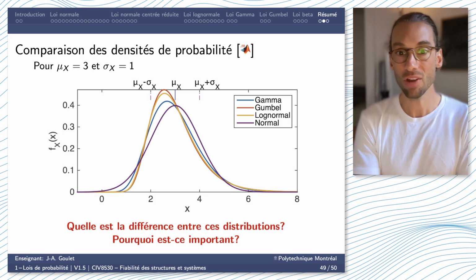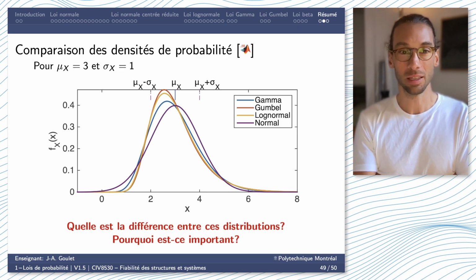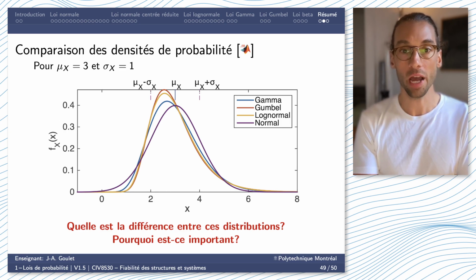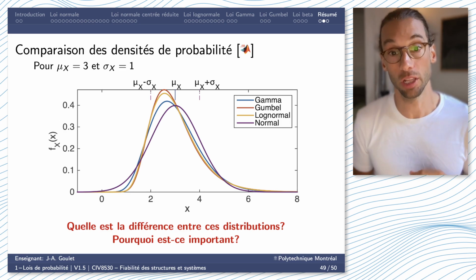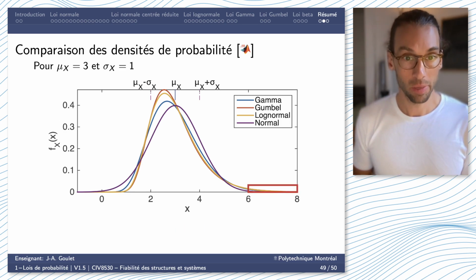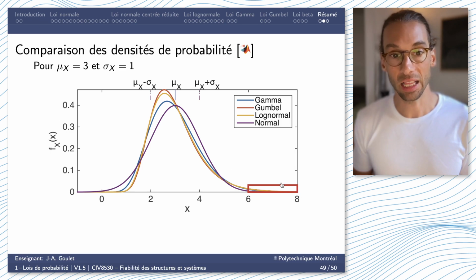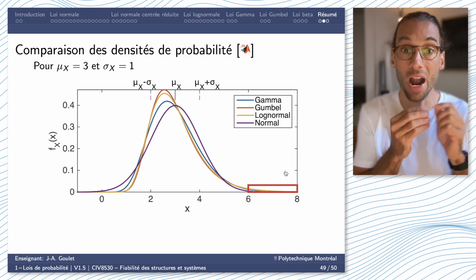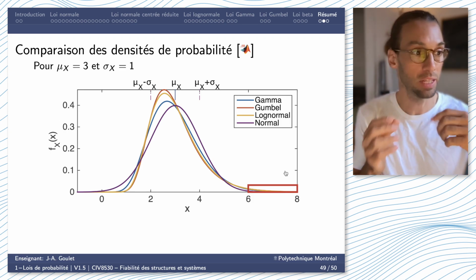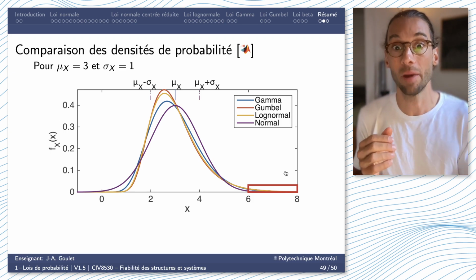So if we can't tell visually which one is which, why does it matter which distribution we choose? Actually, it matters a lot. Why? Because if we look at the tail of the distribution, and this is where reliability analyses are, because we're looking at rare events, in the order of 10 to the minus 4, 10 to the minus 6, 10 to the minus 7.